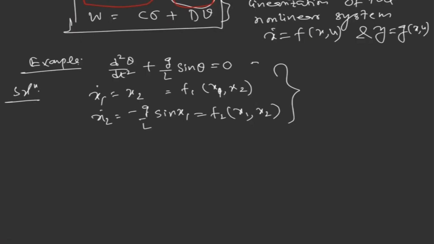So now let's start. Here, the equilibrium point you already have, and the output equation y equal to g of x, we can write as x1 of t. This is theta of t also. So this is the angle we are measuring as the pendulum rotates around the reference point.